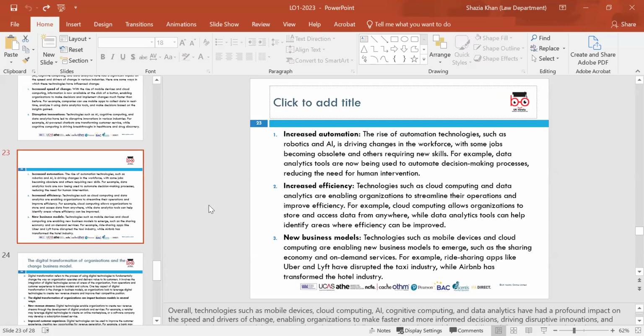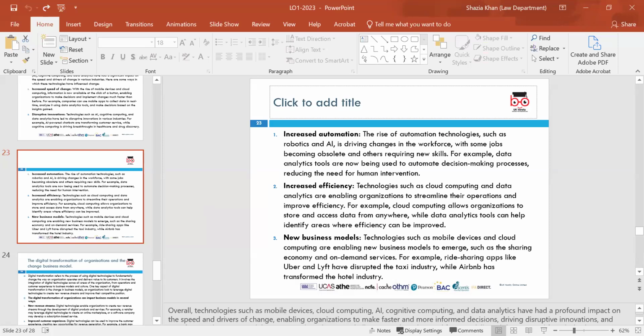Increased automation: the rise of automation technologies such as robotics and AI is driving changes in the workforce, and some people are becoming reliant on data analysis and AI. People are becoming quite reliant on these, and that's quite worrying, to be honest, because it has a big impact on businesses.